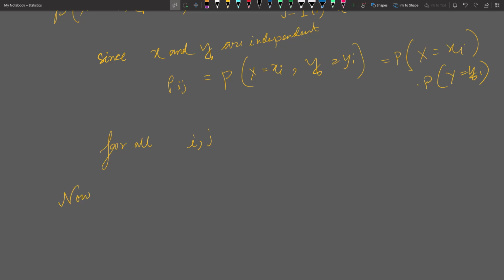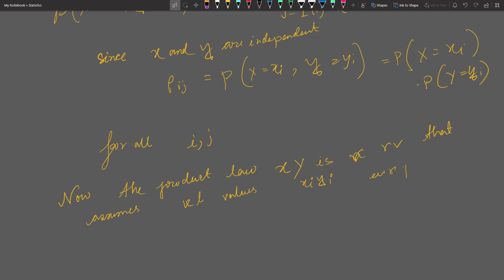Now, the product law: xy is a random variable that assumes kl values with respective probability p_ij.